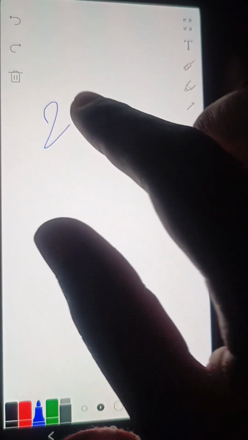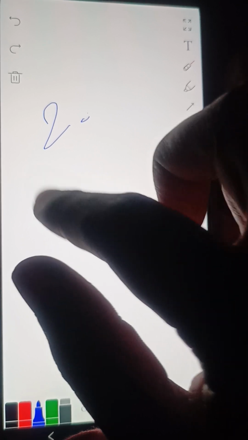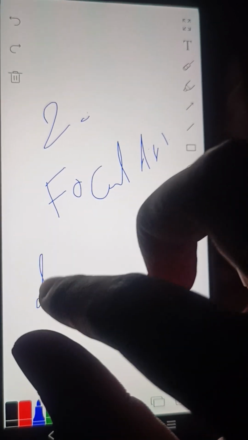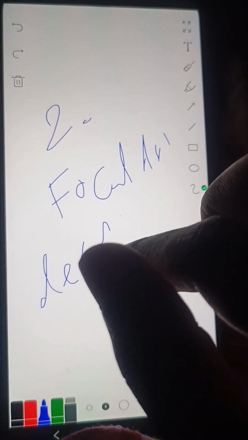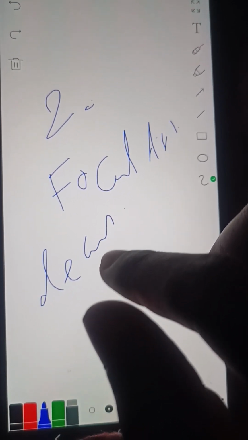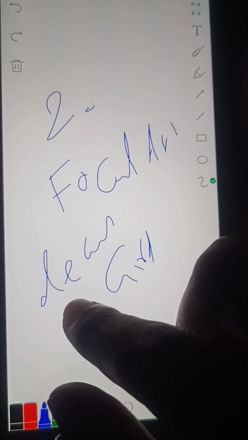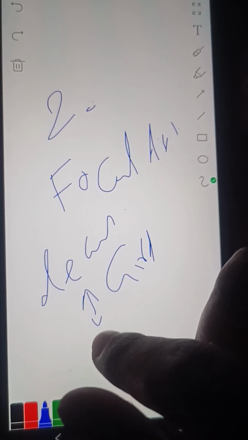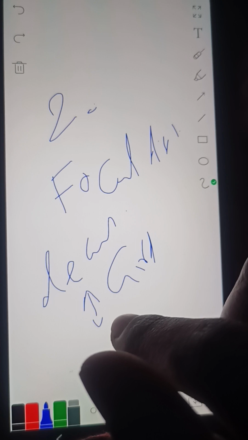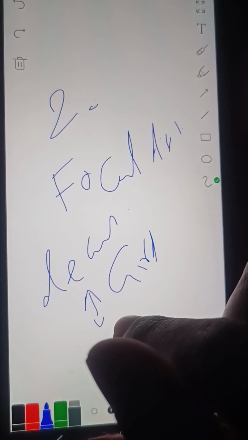Number 2, focal distance decentering. That means if we place the grid beyond or near to the convergent line or point, then this is called focal distance decentering.